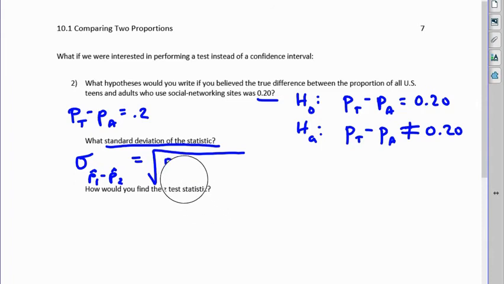My writing's messy enough, but we would want to use this, but we don't have those values. Only the teens and the adults, only those are available.